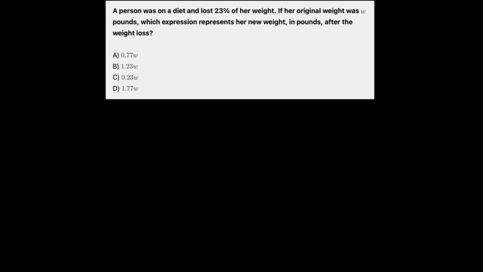A person was on a diet and lost 23% of her weight. If her original weight was W pounds, which expression represents her new weight in pounds after the weight loss? So, once again, percents start at 100. From there, it could go up 23% or down 23%, either to 123% or 77%.